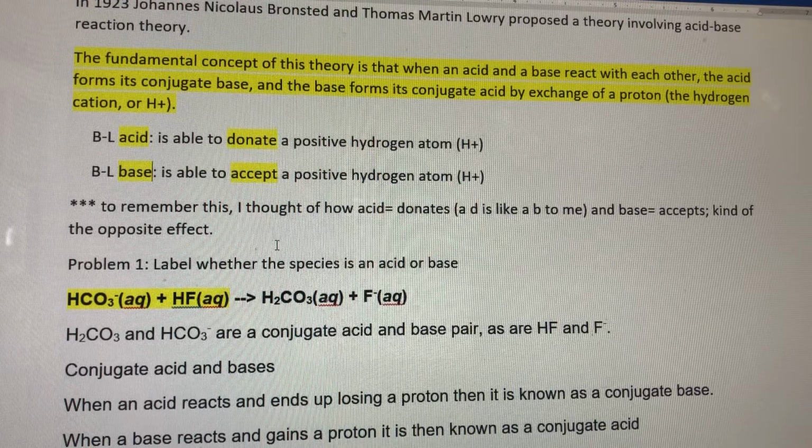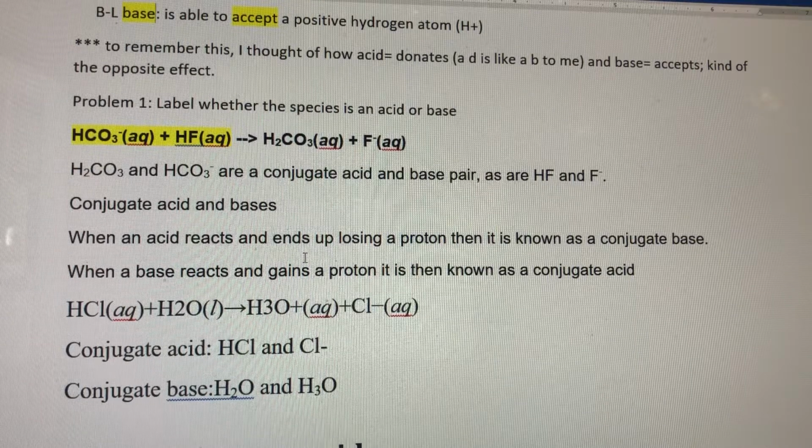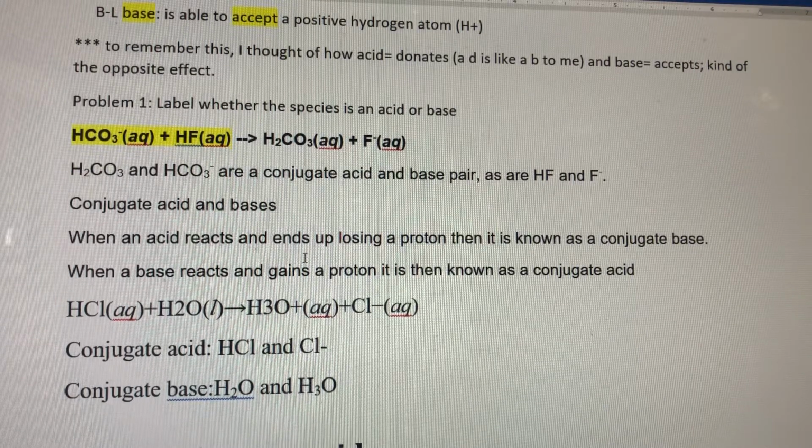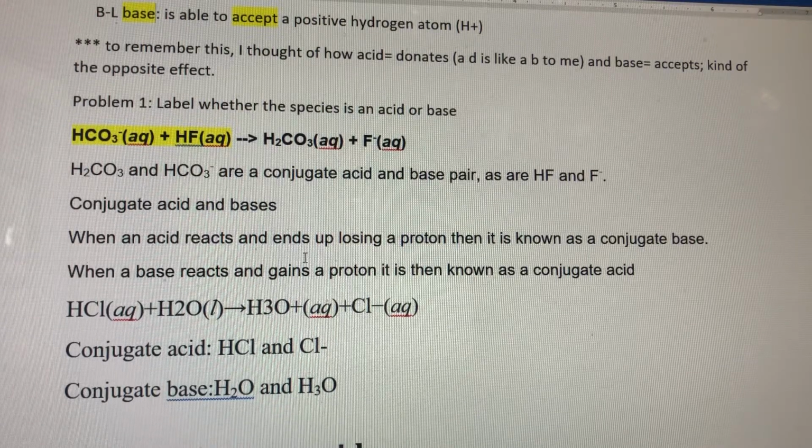We're now going to go to problem 1 that I have here, where we're going to label whether the species is an acid or base or conjugate acid or base. In this problem, we have bicarbonate, which is HCO3- aqueous, and then we also have a hydrogen fluoride substance.